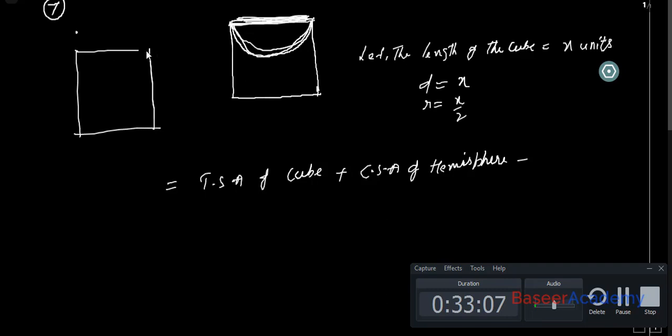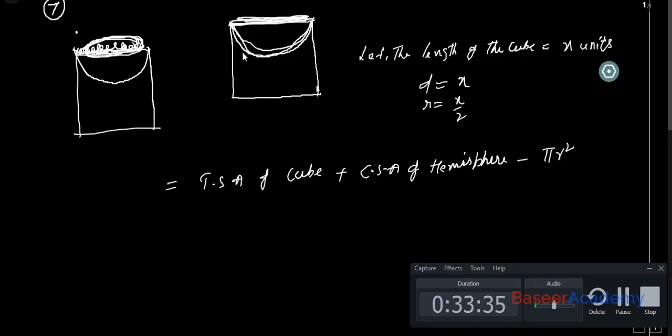This is our cube. Now we are cutting out a hemisphere here. If we cut out the hemisphere, this side of the cube goes away, right? And this side of the cube will actually form the base of the hemisphere, which is a circle. So I'll have to remove the area of a circle from here.